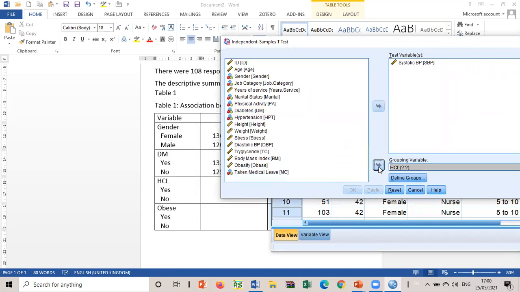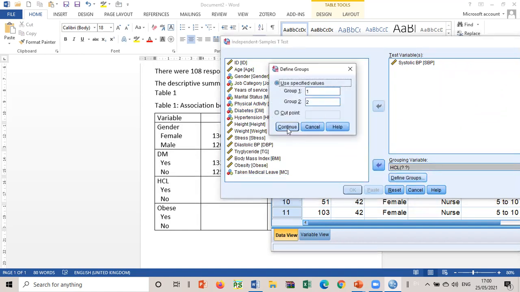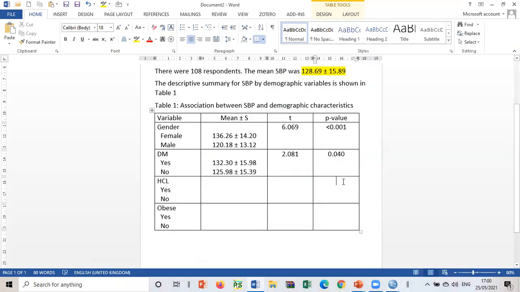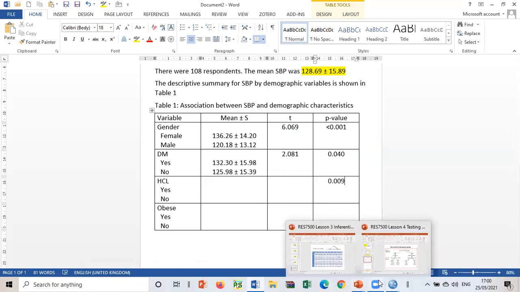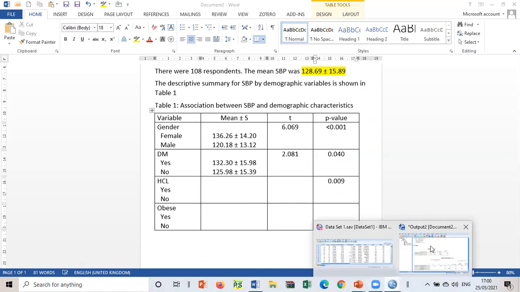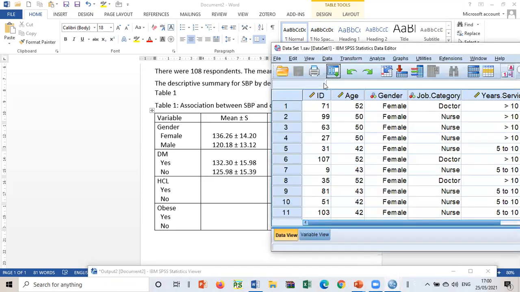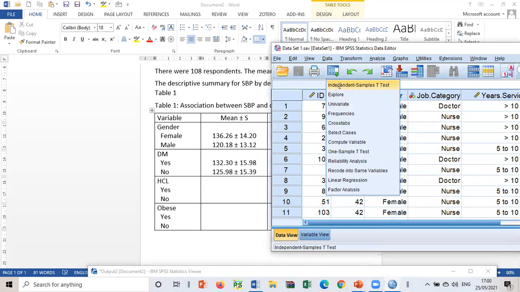Sorry, hypochlorite here. Assumption met. P-value 0.009.